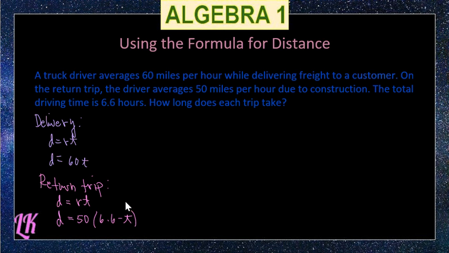Now we know that the distance for the delivery should be the same as the distance for the return trip. So the distance for delivery and the distance traveled for the return trip should be equal.